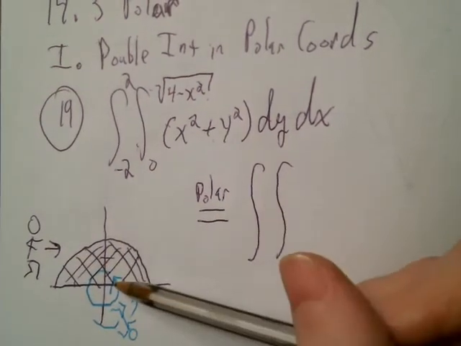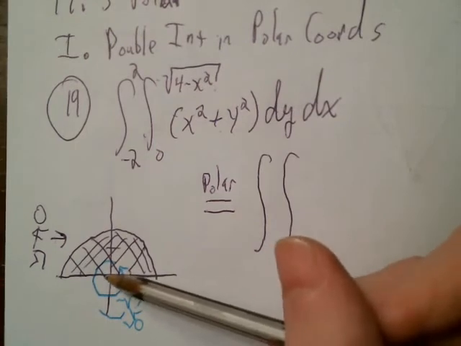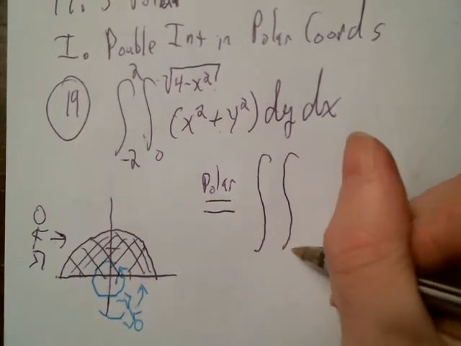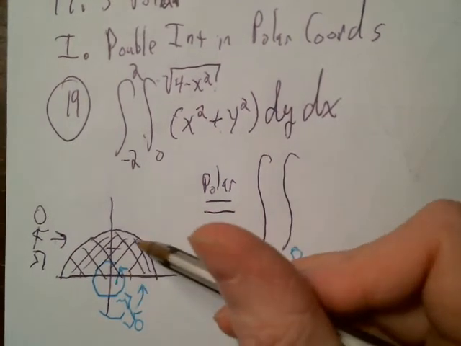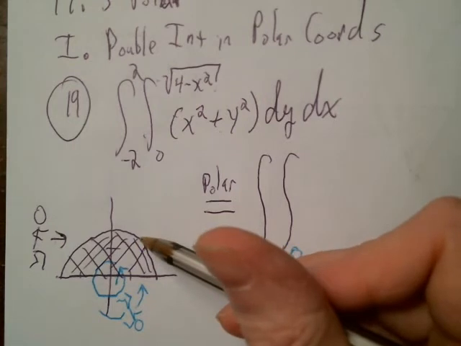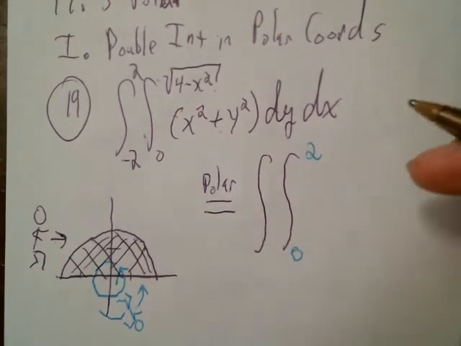The inner curve is going to be the point 0, 0, which we said is r equals 0. And then the outer curve is the curve r equals, well, 2, right? It's just a circle, r equals 2.